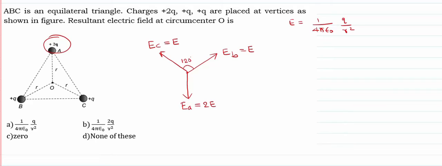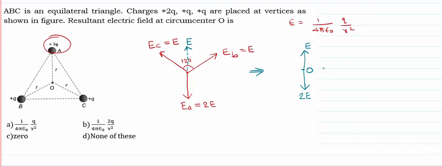Now again, first you solve B and C. Both are equal and the angle is 120, so the resultant will be exactly at the center in the upward direction, and this will be equal to E. Now in the upward direction you have E, and in the downward direction you have 2E.